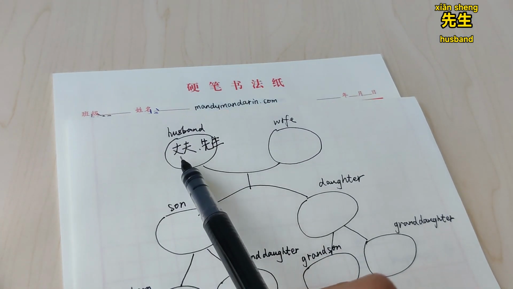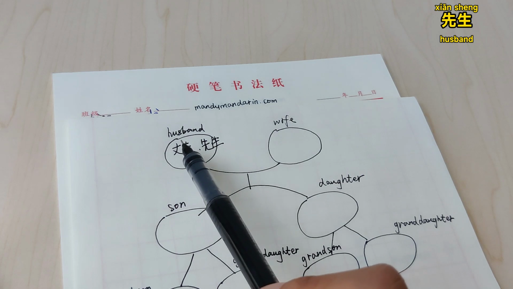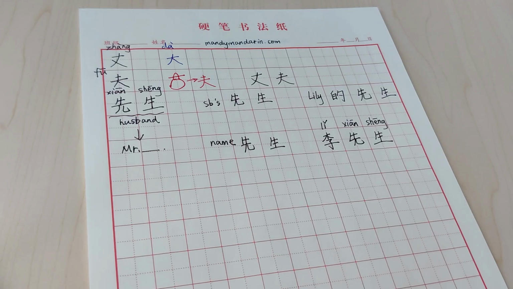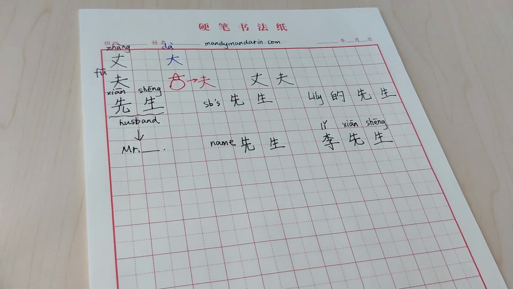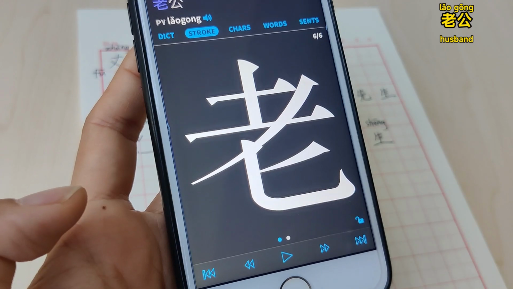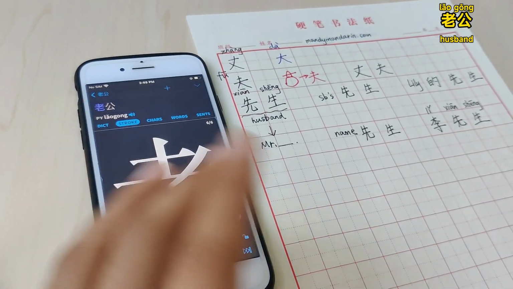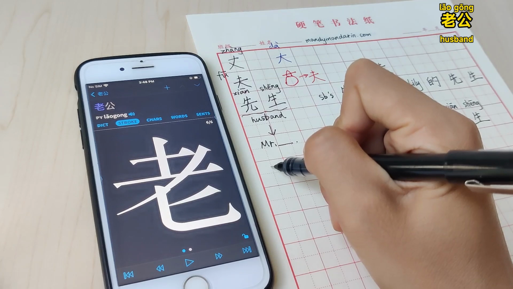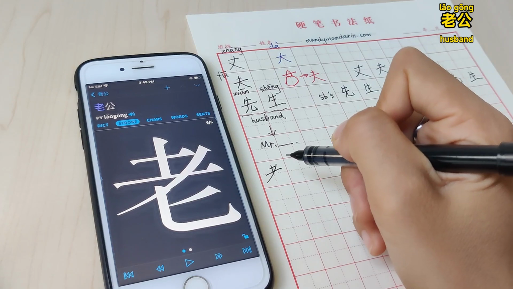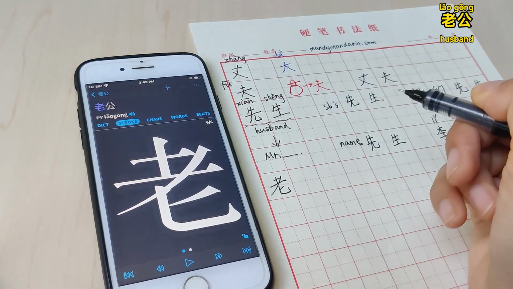So we know 丈夫 and 先生, both of them mean husband. And there's a third one. Let's write the third one and then I will tell you what the difference is. The third word for husband would be 老公. And this is how we write the 老. Let's go with 1, 2, 3, and then 4, 5, 6.